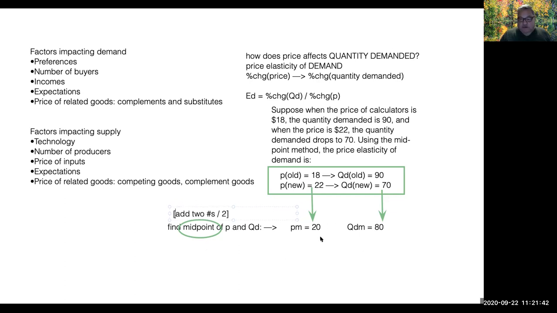Which is exactly how we got the 20 and the 80. And then to measure the percent changes would be the next step, for the price and the quantity demanded.